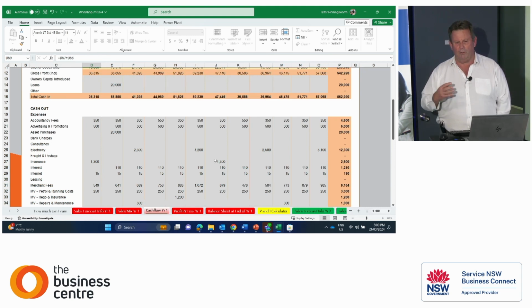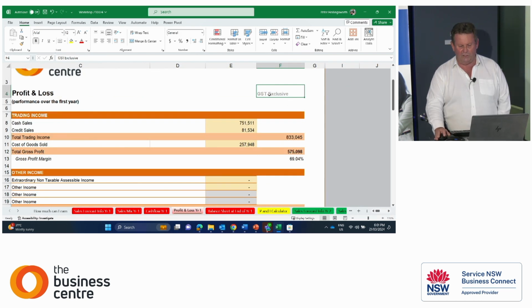So just because you've got positive cash flow or negative cash flow doesn't necessarily mean that you're profitable. There's a fairly tight correlation, but clearly the collection of GST is one example. That money goes into your business bank account, but it's not yours. Never was. You're just collecting it for somebody else. So if we now have a look at the P&L, it's GST exclusive.